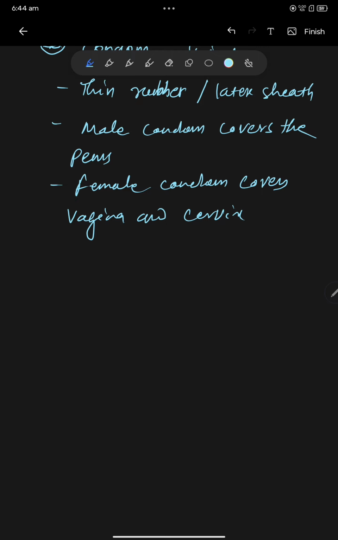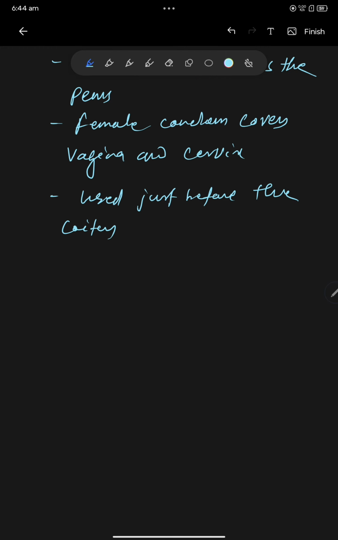It is worn by the male or the female just before coitus, so that during coitus the sperm cannot reach the ovum.